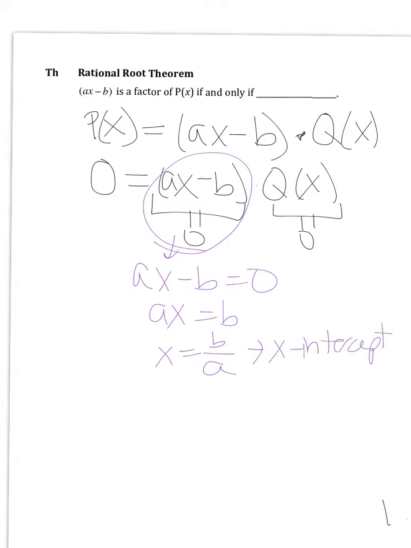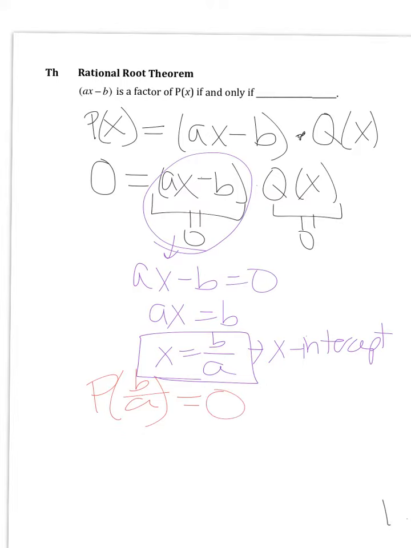So that means that if ax minus b is a factor, that only works if x equals b over a is an x-intercept. And what does it mean to be an x-intercept? That means that if my polynomial is evaluated at that value, then it has to equal what? Hopefully you have 0.